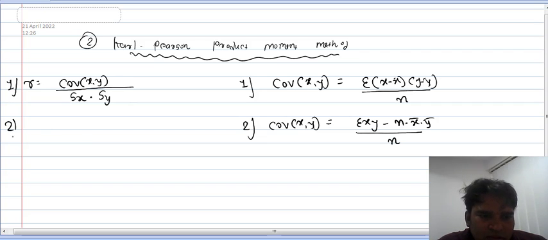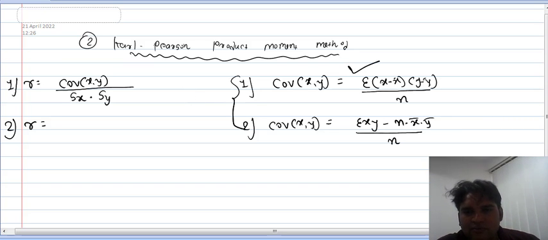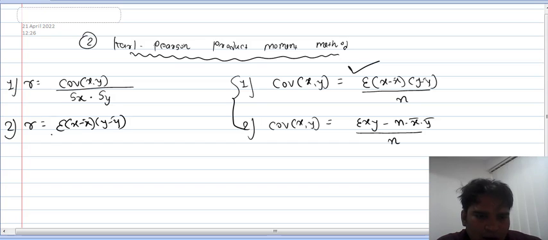Now based on these two formulas, we will make new formulas of R. So here COV is given. First we input this formula in the first formula: sigma x minus x bar, y minus y bar upon n, where there is COV I have input the formula, and Sx into Sy is already given.